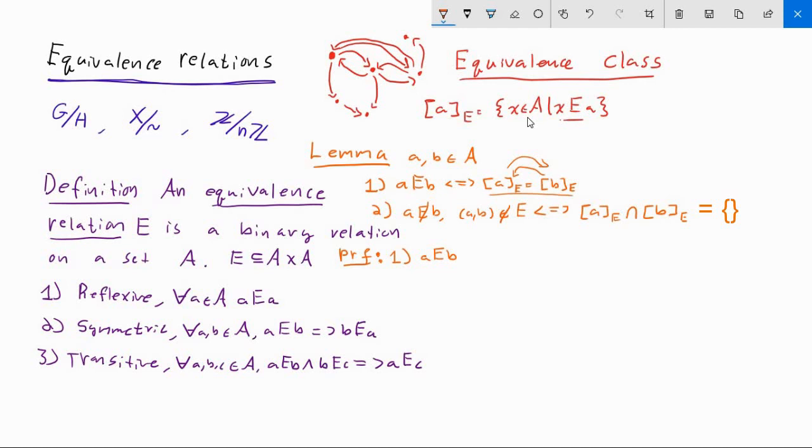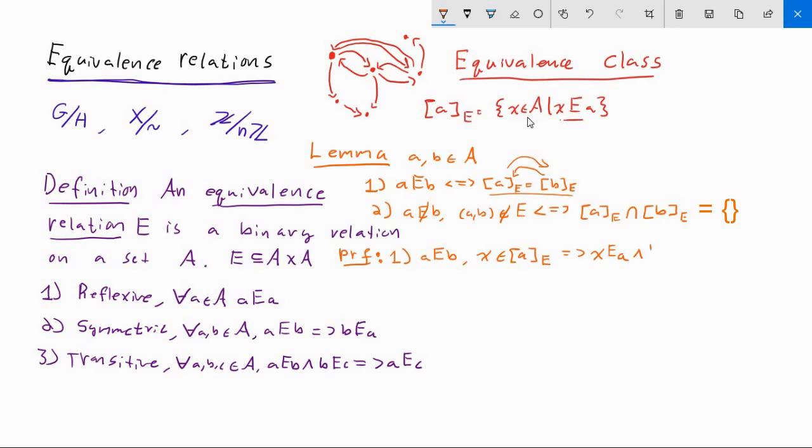Now, really, we only have to do half the work because a and b here are totally interchangeable, and we'll see the exact same argument carries through just by swapping the roles of a and b. So suppose that a was related to b, and let's assume that x belonged to the equivalence class of a. Well, by our definition of equivalence class, this means that x is in fact related to a.